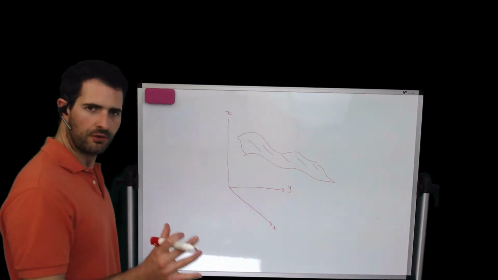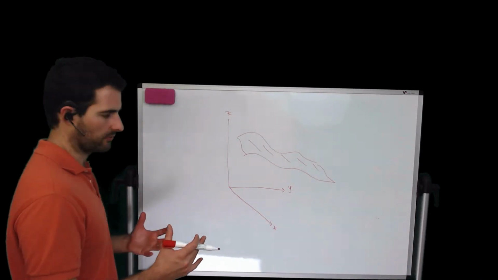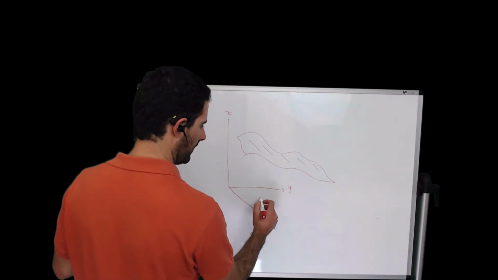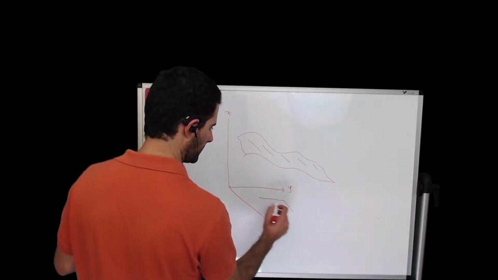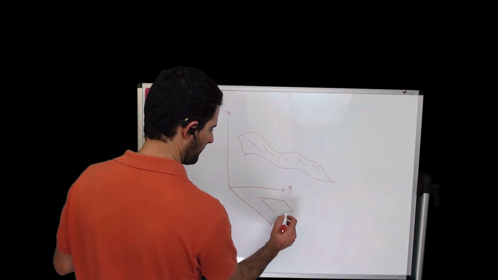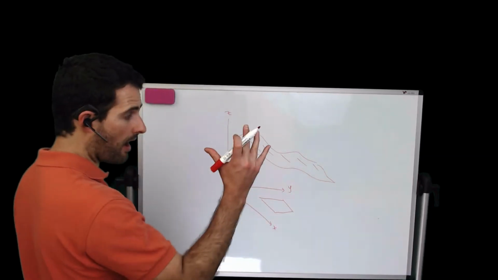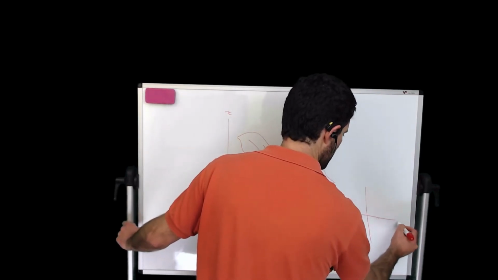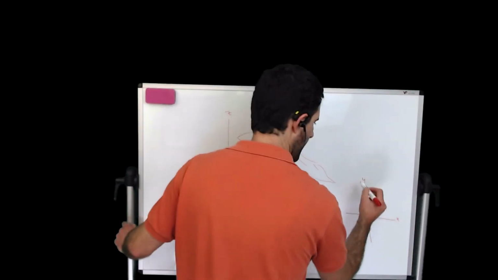So the first thing that we need to do is define a domain of approximation. The domain of approximation is going to be a rectangle on the xy plane. I'm going to draw it here for perspective. But if we saw it from above, let's say this is the x-axis, this is the y-axis.